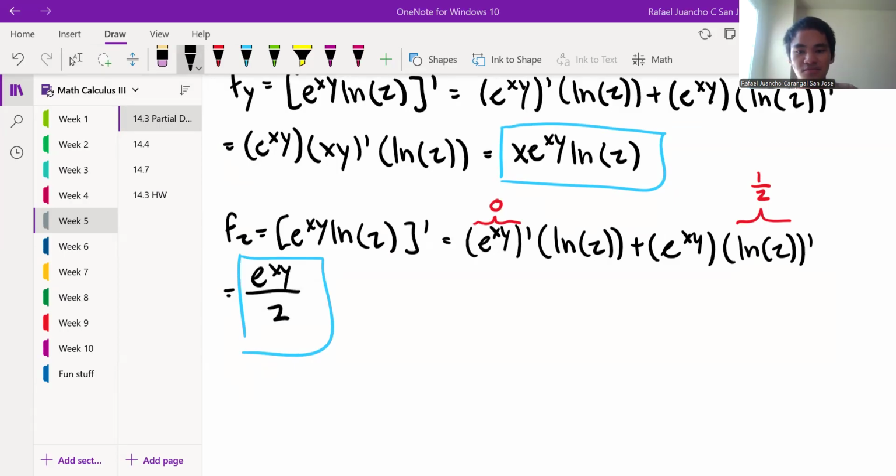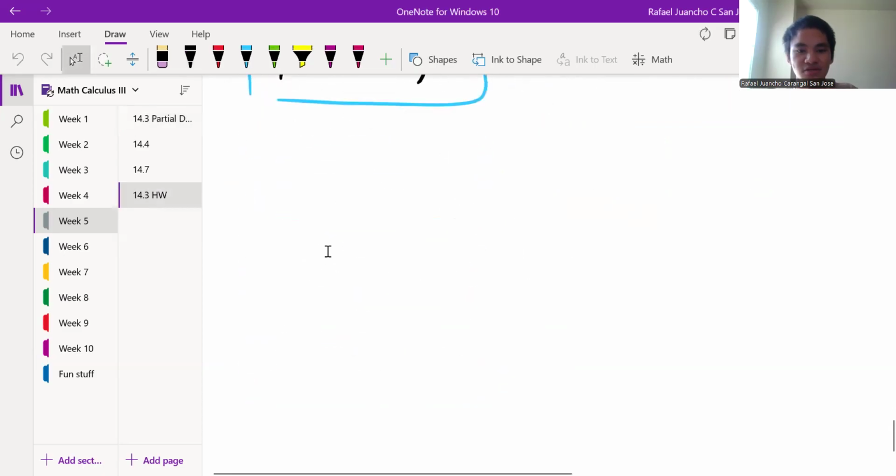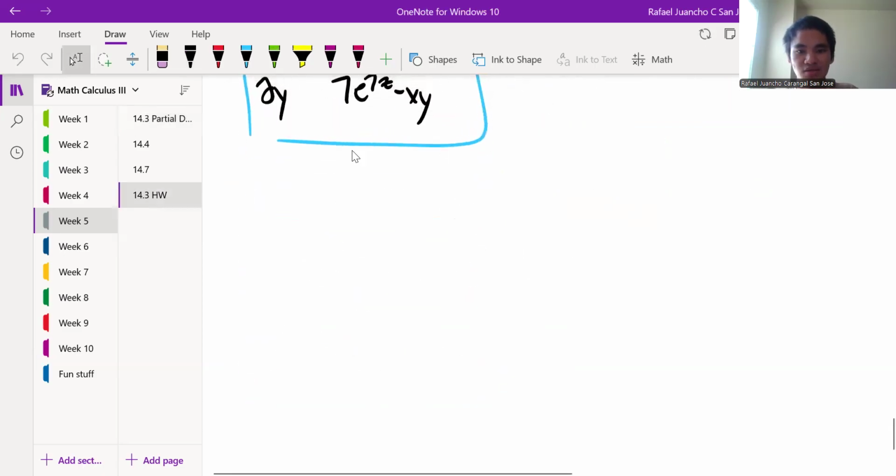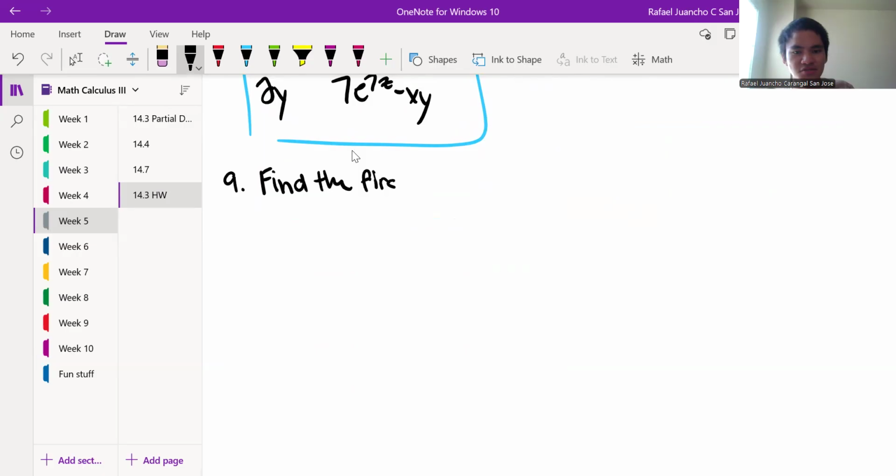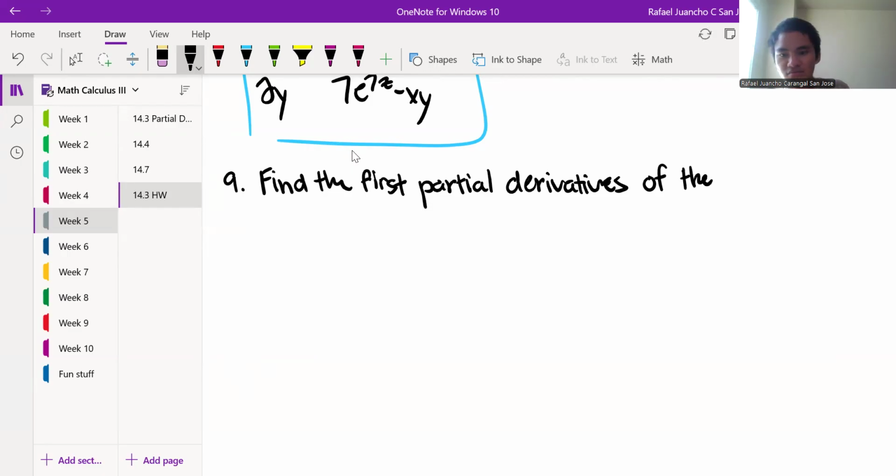Okay, that's good. Now let's do some related problems in the homework regarding that. Yeah, let's do some stuff there. Okay. So here we're being asked, so this is number 9. I kind of skipped a bit. Here we find the first partial derivatives of some function.